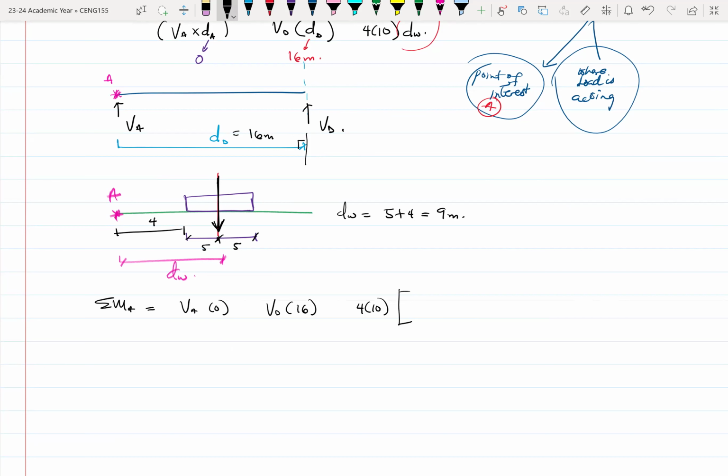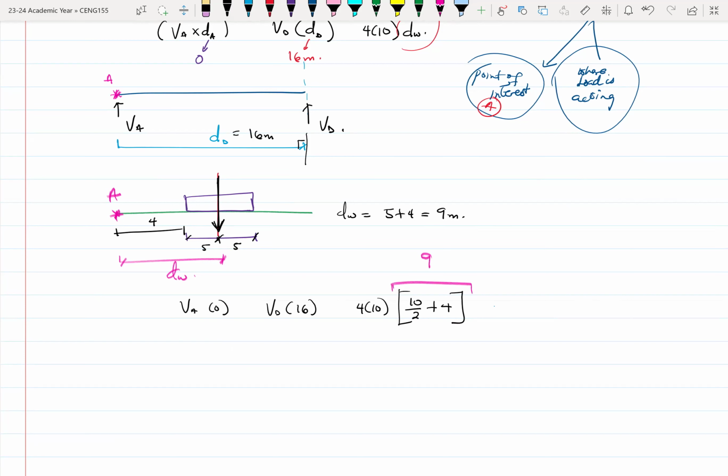I divided 10 over 2, which will give me the 5 I had earlier, plus the 4. This helps me to know exactly what I'm doing. This portion here also gives us 9 anyways. It's the same thing. So all of this should be equal to 0.